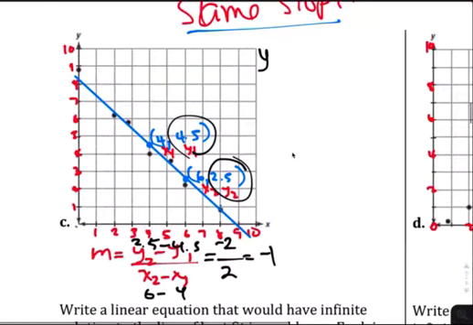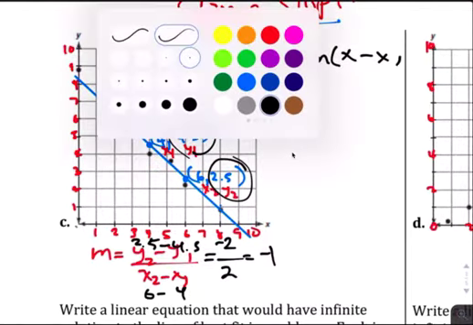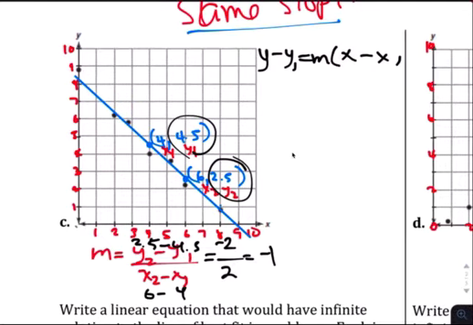So y minus y1 equals m parentheses x minus x1. Y minus y1, y1 is 4.5, m is -1, x minus 4.